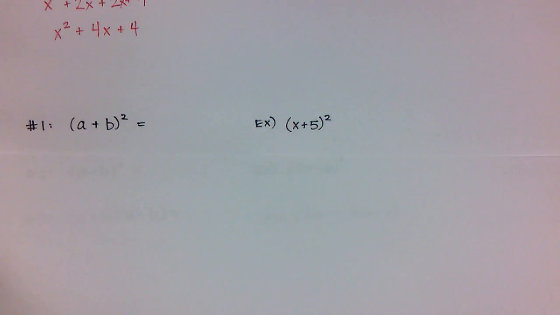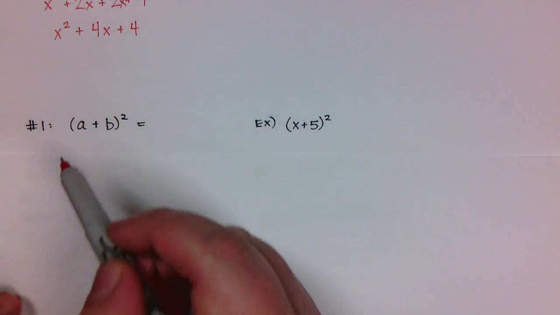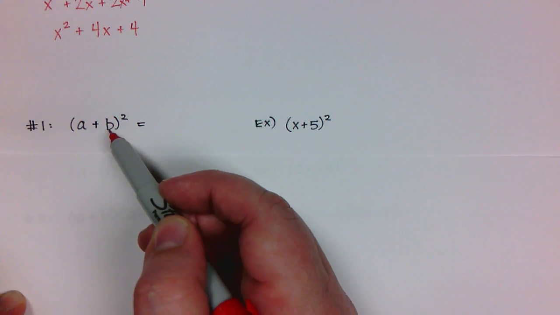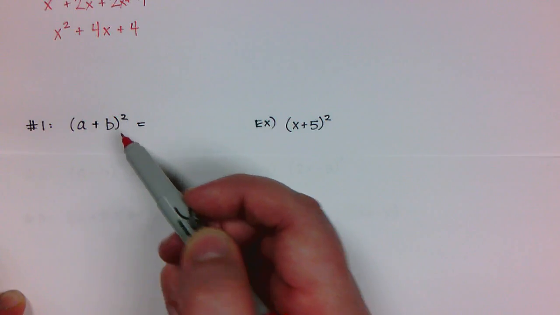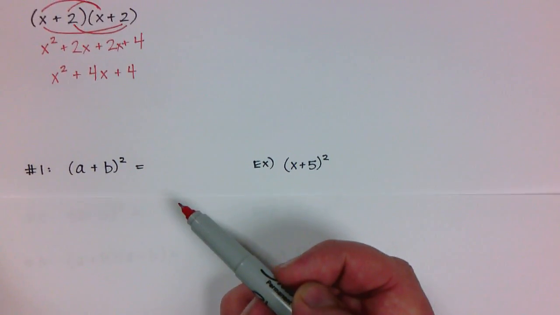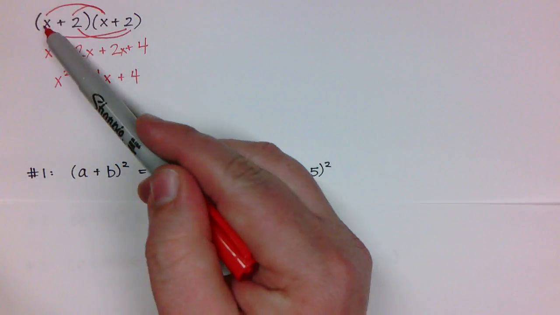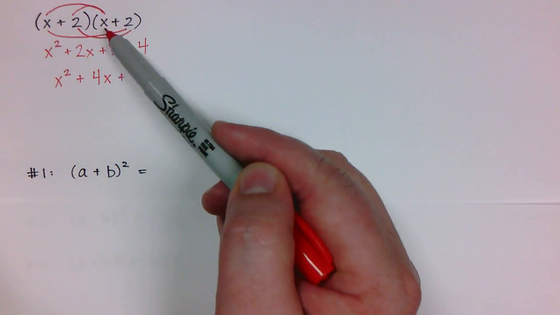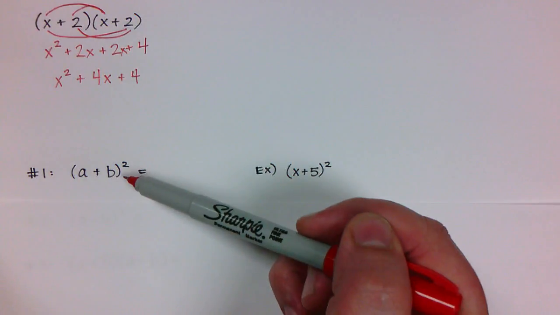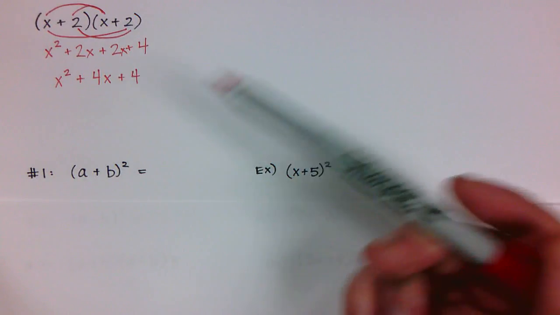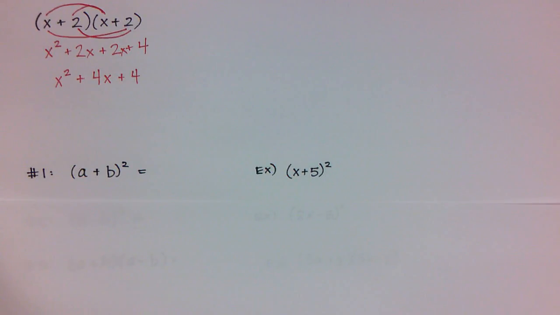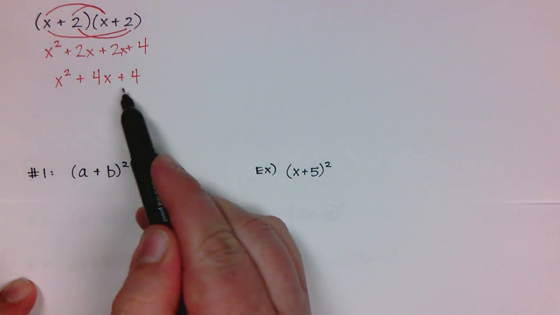So rule number 1 says if I have something, let's just say it's A, plus something else, which is B, and it's squared, then there's a specific rule for it. And that's exactly what I have up here. I have x plus 2, so this is kind of like my a plus b, times another x plus 2. So really it's being squared. And if I was going to multiply it all the way out, it's going to look something like this above.